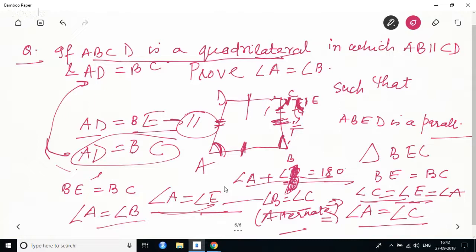Now I'm taking different types of questions which are difficult in nature. So I'm moving ahead. Do you have any doubts? You can post it. If you have any doubt, you can post it in the chat box.